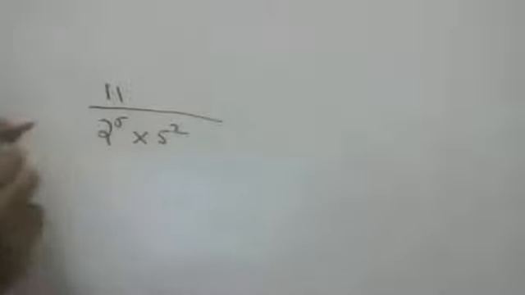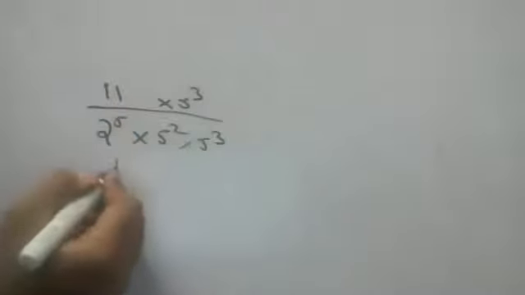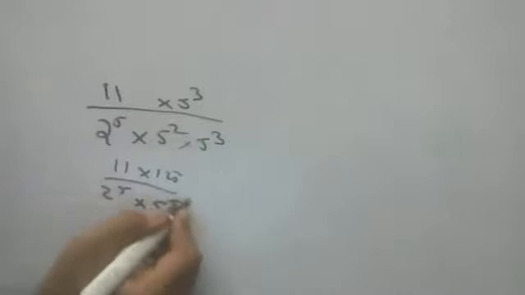Okay, so one more sum. Suppose 11 by 2 to the power of 5 into 5 to the power of 2 is there. Can anyone say? Any other? 5 to the power of 3, because somehow we should make this also 5 to the power of 5.